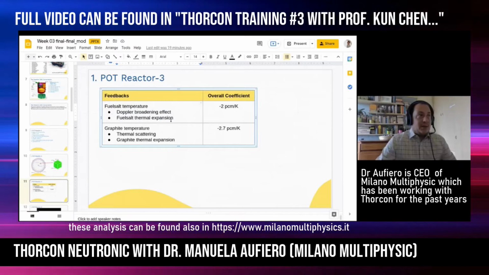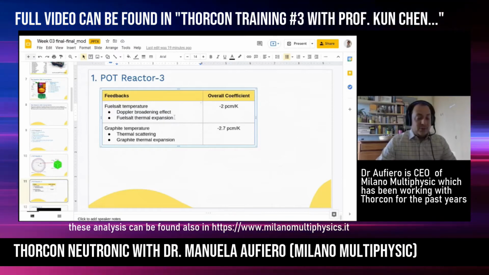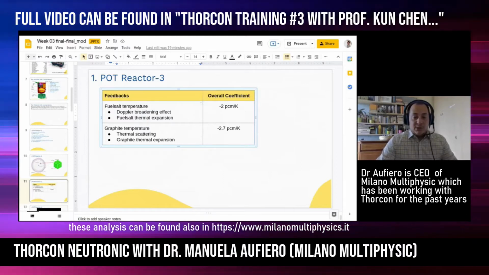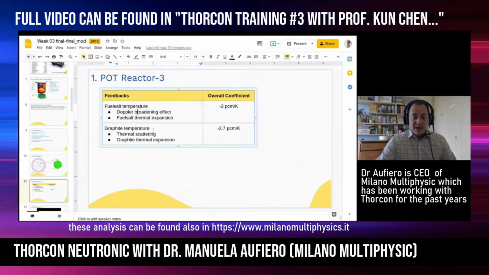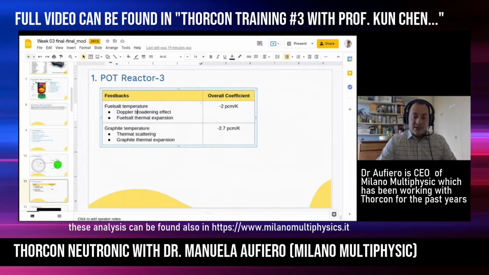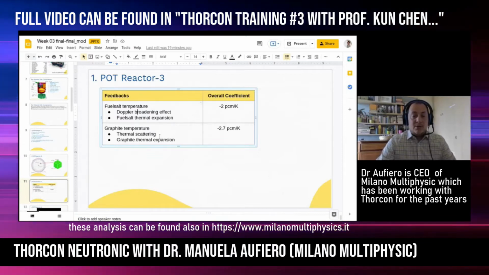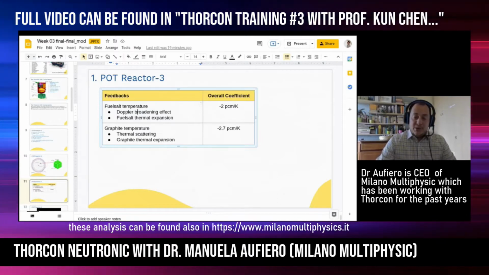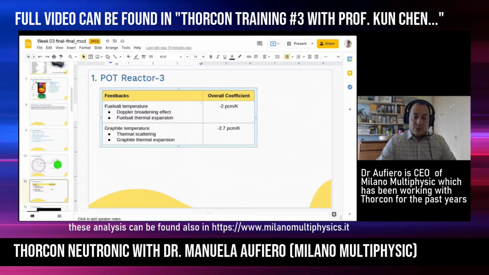The fuel thermal expansion has itself two different effects. By expanding, the salt reduces the effective density of salt inside the core. This increases the probability of leakage by a smaller amount and also increases the effective moderation in the core by reducing the effective fuel to moderator ratio.